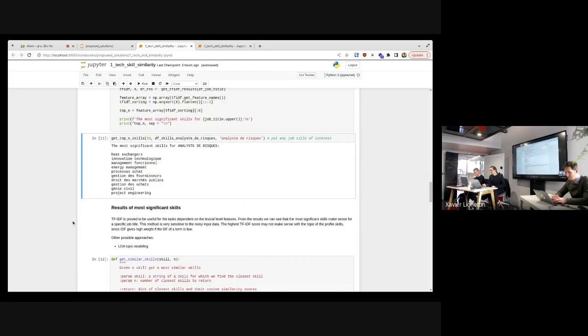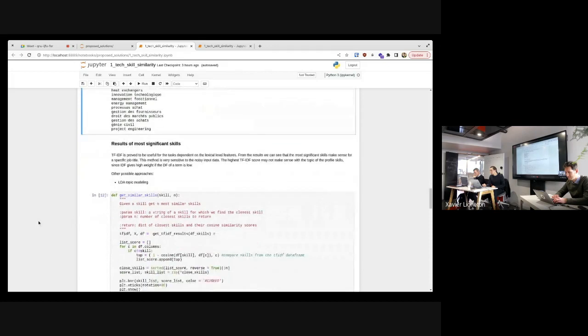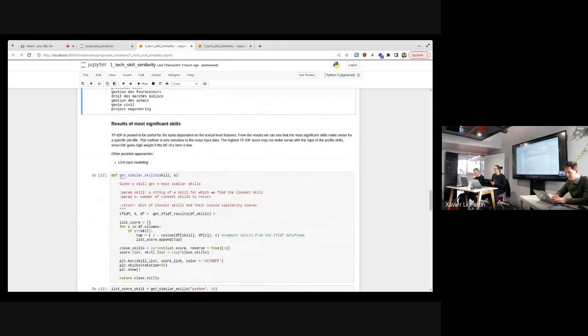So for the second task of checking the most significant skills, we compare two versions. The first one is we use TF-IDF again. That's what we do here. And then we use the cosine similarity between the two TF-IDF vectors.